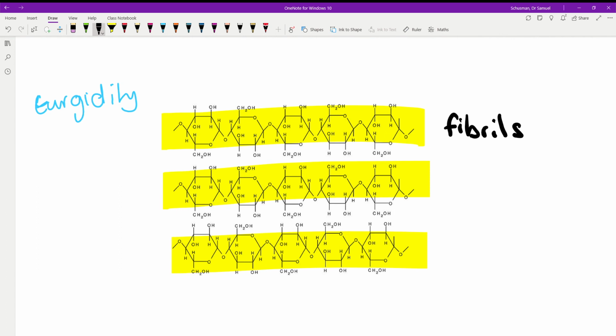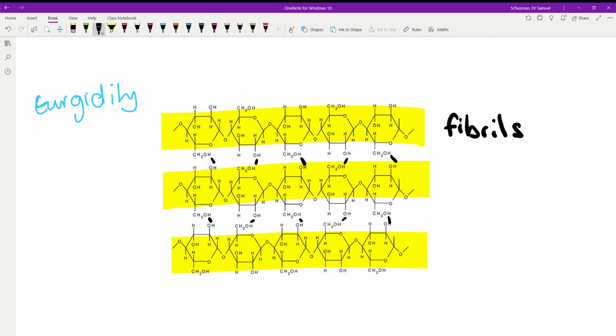Some of you may have noticed that in this chain and this chain, you've got OH next to each other. And as we've seen from water and everything else, these OHs all form hydrogen bonds with each other. And you end up forming these big fibers of cellulose, which are extremely strong, because you've basically got rope.